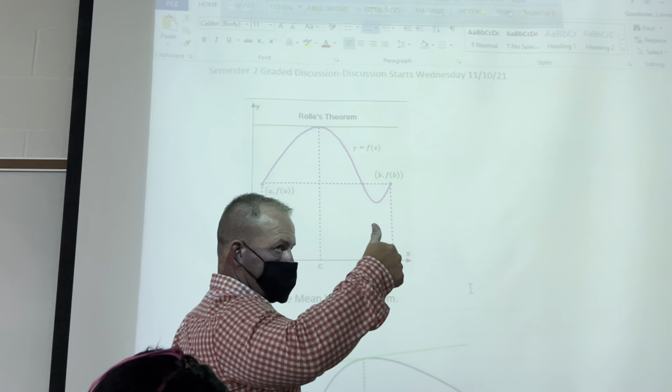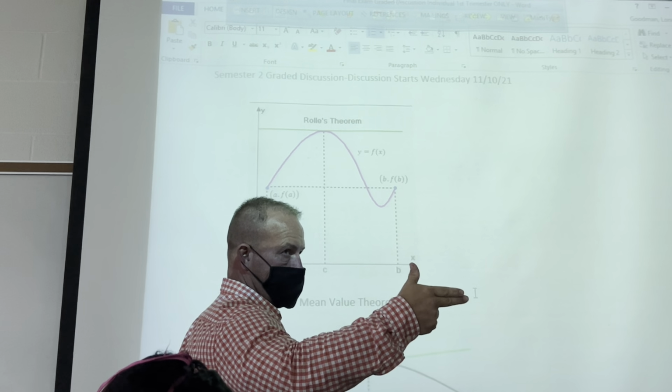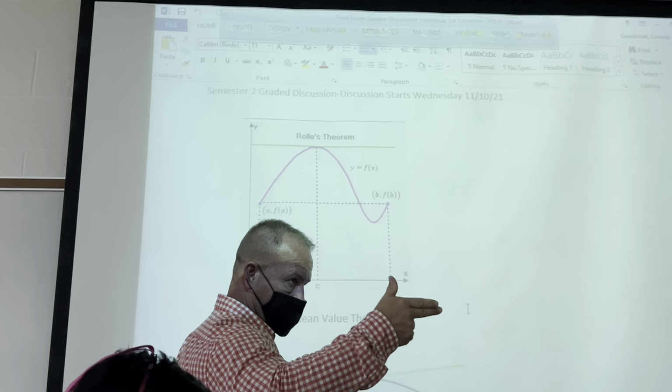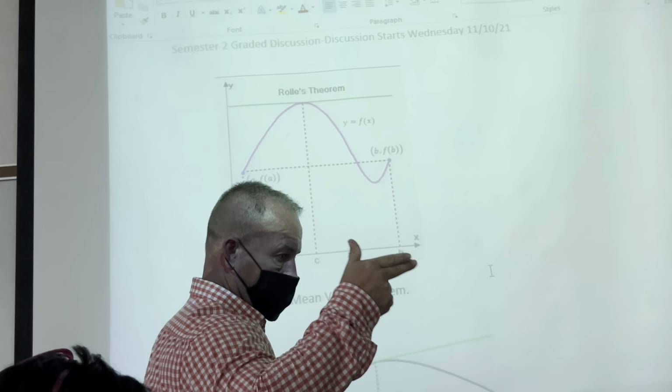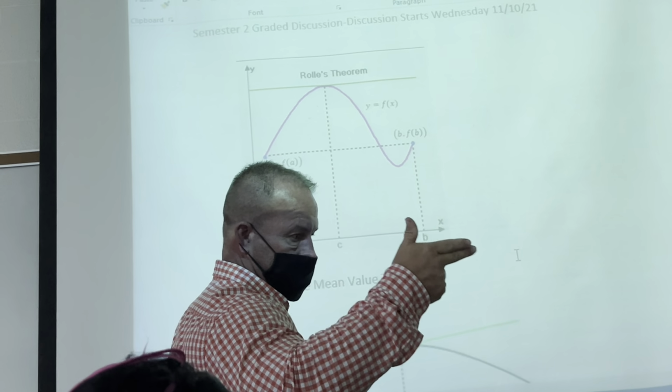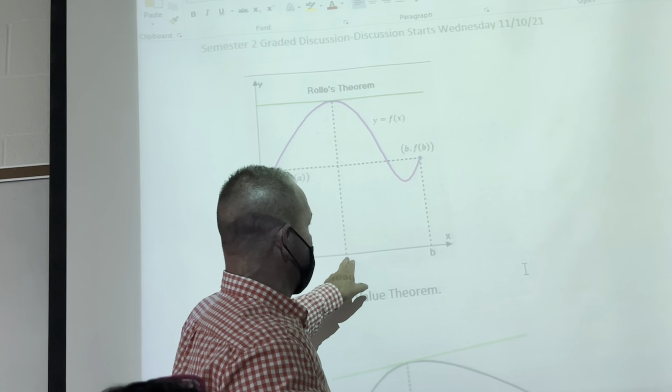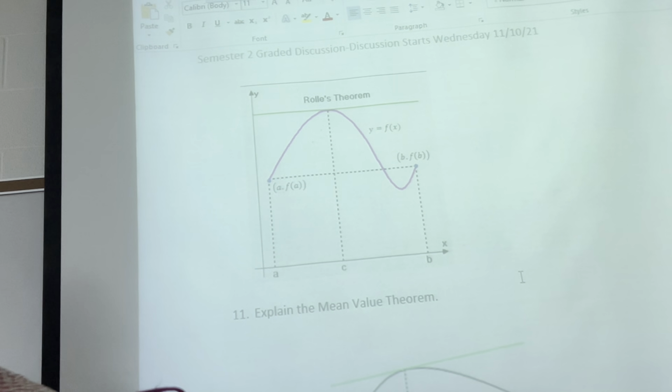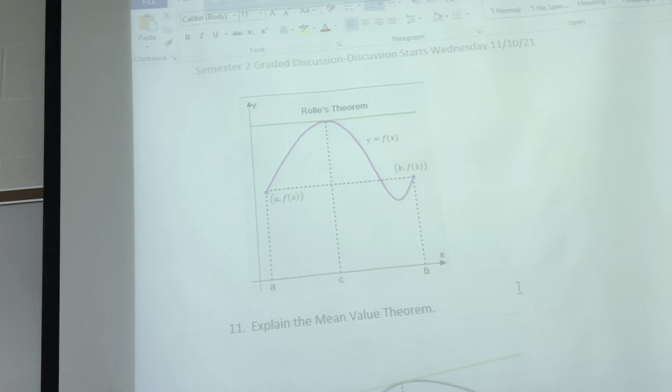So, continuous, differentiable, f of A equals f of B. That tells you that f prime of some value C has to equal 0 at some point. And I can go through more of this later.